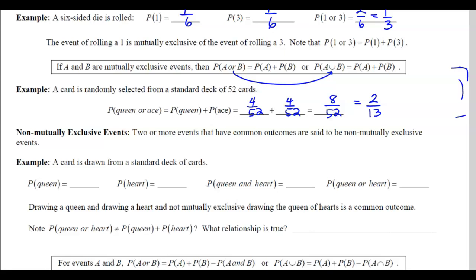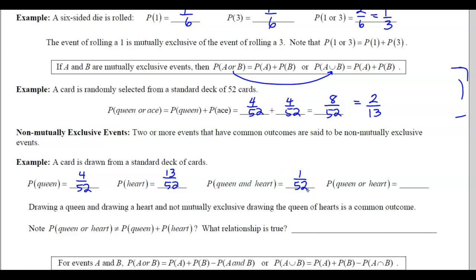Non-mutually exclusive events are two or more events that have common outcomes. An example here, we know the probability of a queen is 4 out of 52. Probability of a heart, well, there's 13 hearts out of 52. I'm just going to keep it out of the 52 for right now. The probability of a queen and a heart, well, there's only one queen of hearts in a deck, so 1 out of 52.